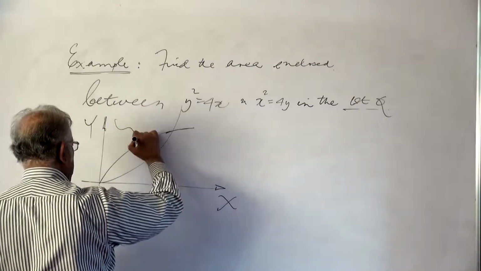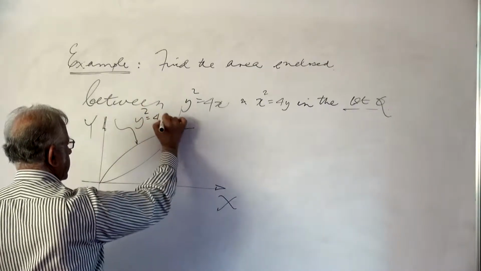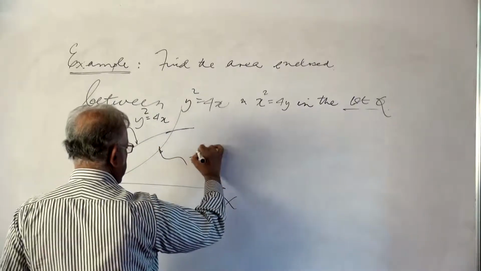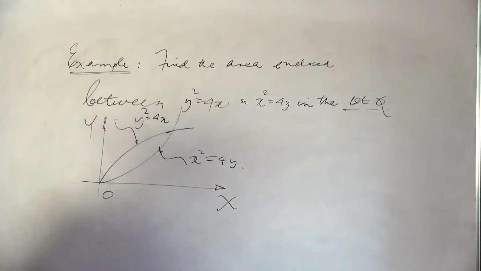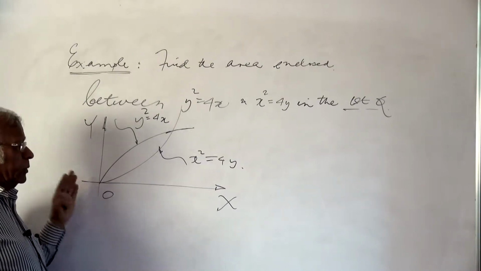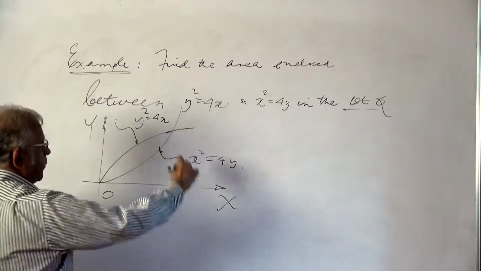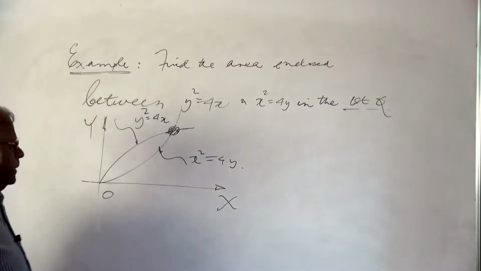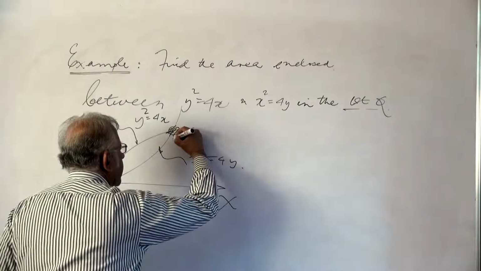So this curve is y square is equal to 4x, and this curve is x square is equal to 4y. Now the first thing is that both the curves pass through the origin. That's very evident. Once we plot it, or from our previous knowledge, we can see that both pass through the origin, and then we must find the point at which these two curves intersect. That is very important, and that will give us the limiting values of x.